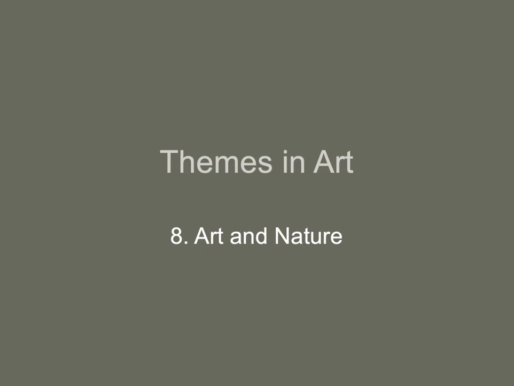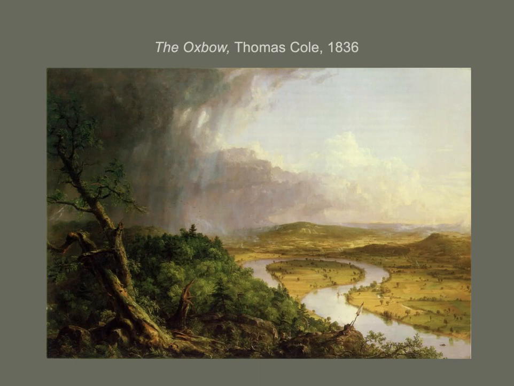Art often has to do with nature, which is the next theme that we're going to be talking about. This is The Oxbow by Thomas Cole from 1836. He was a part of a group in the 19th century that wanted to capture America's natural beauty, so they went out on long journeys and found beautiful places to paint. This depicts the Connecticut River in Northampton, Massachusetts.